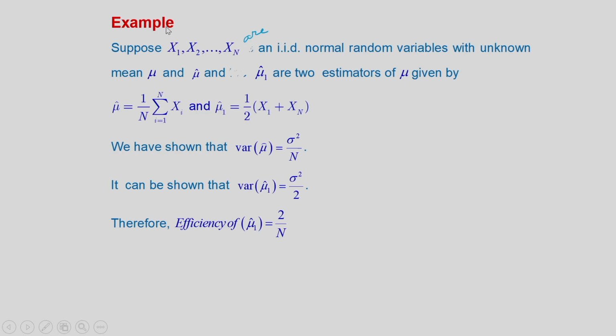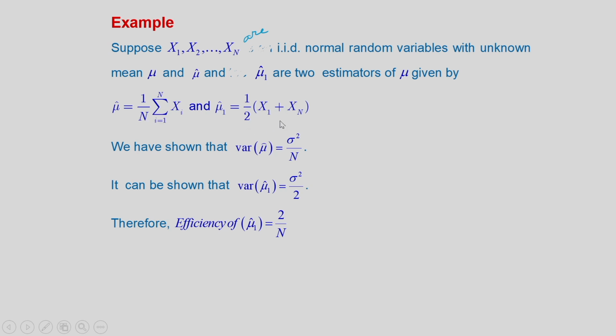We will give another example. Suppose x1, x2 up to xn are IID random variables with unknown mean mu, and mu hat and mu 1 hat are two estimators of mu. Mu hat is the sample mean as usual, and mu 1 hat we define as half of x1 plus xn.